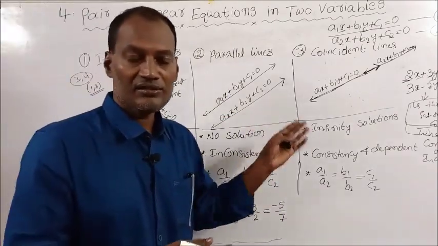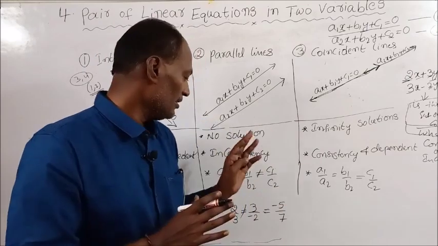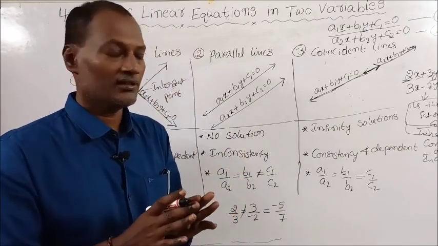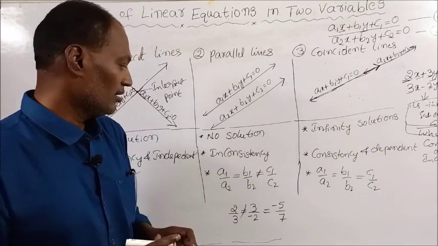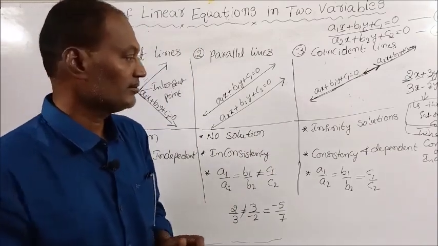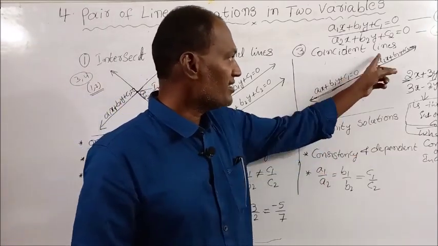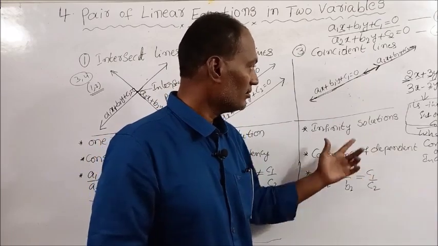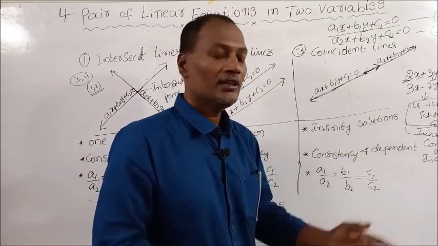Inconsistency means the lines do not intersect, so they never share a set of values. Coincident lines, we already discussed, are consistent and dependent.